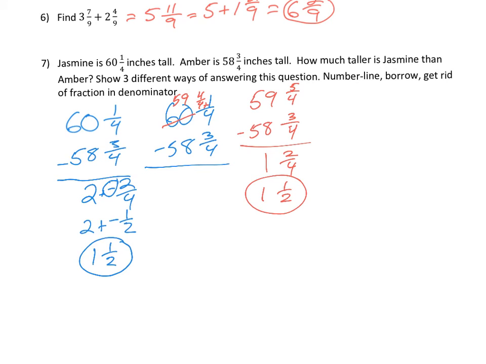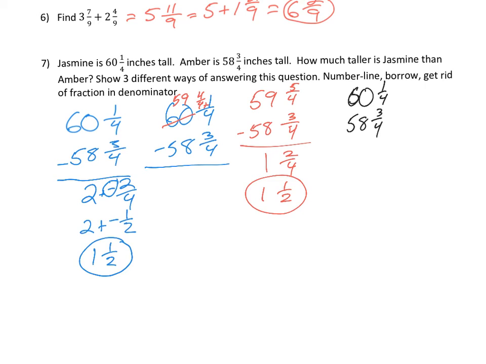This next method is actually my favorite one. I think this one is the easiest one to make this an easy problem. I'm going to start off again with 60 and 1/4, and I'm going to have 58 and 3/4. And I realize what makes this one so difficult is that fraction 3/4 in the bottom. If that fraction was gone, then subtracting this would be really easy.